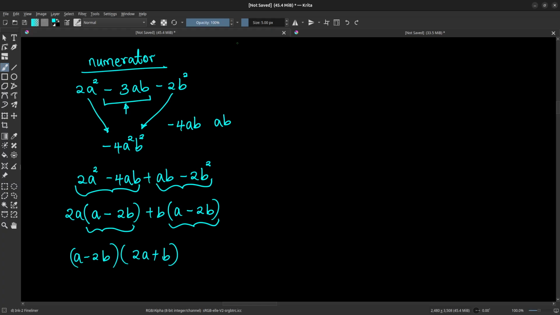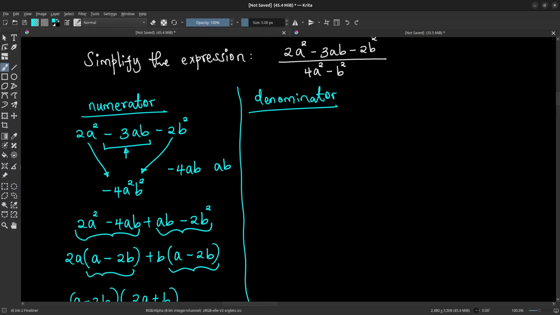Now it's time to work on the denominator. The denominator was 4a squared minus b squared, right? 4 can be written as 2 squared. So we have 2 squared times a squared minus b squared.